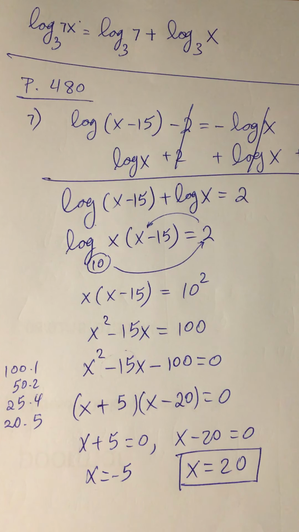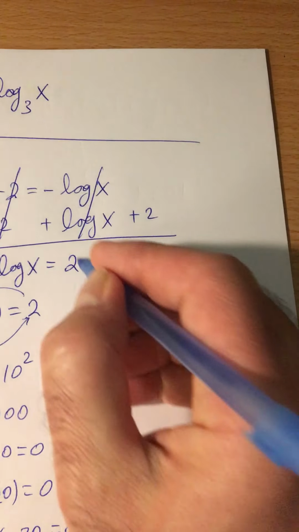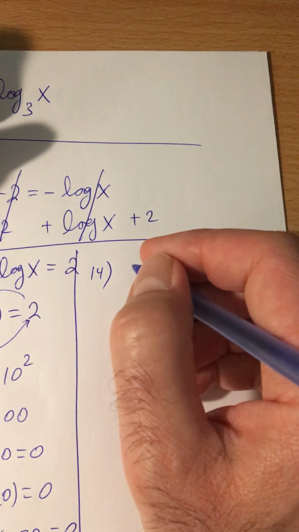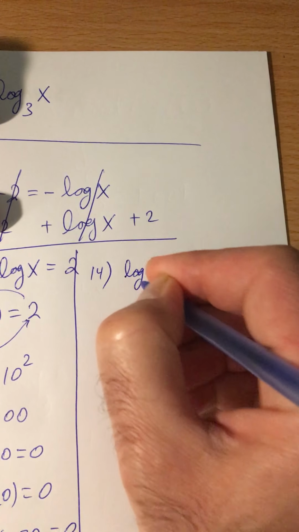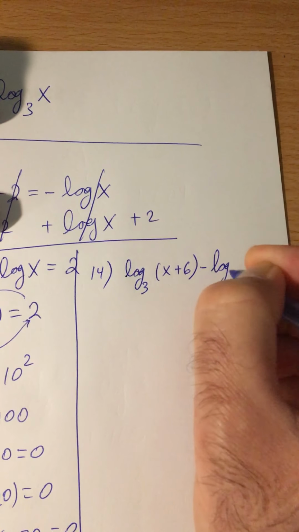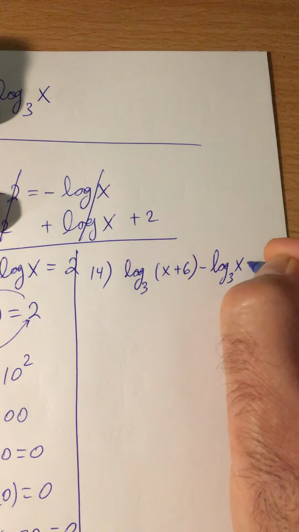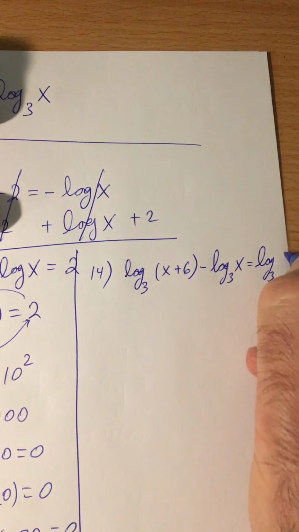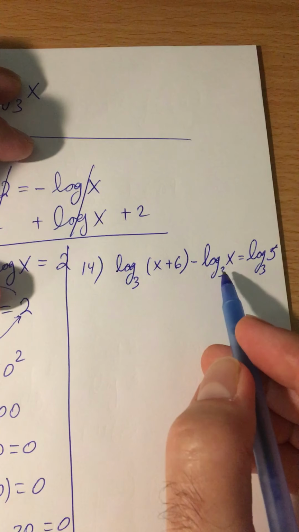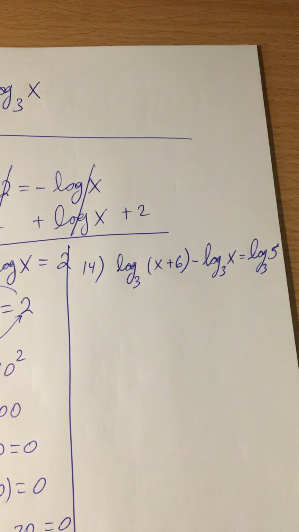Now let's try number 14. This is on page 480. Number 14, we have log base 3 of x plus 6 minus log base 3 of x equals log base 3 of 5. So do we have the same base on the left side?